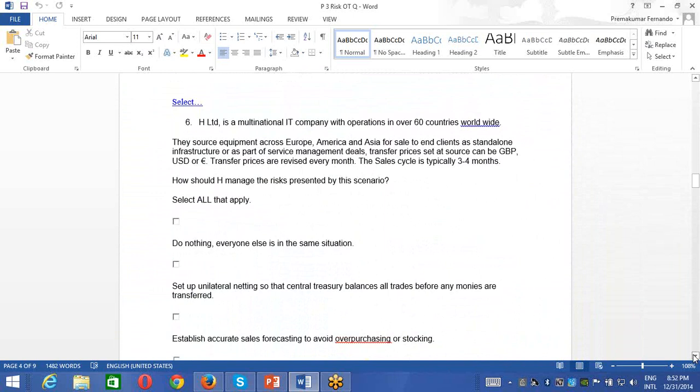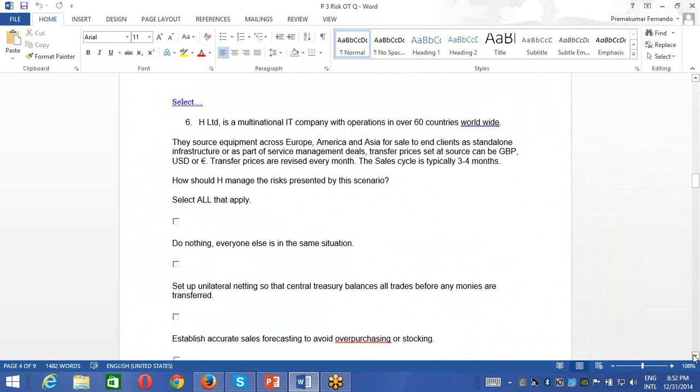So here they are sourcing equipment across the world and selling it to end clients. Since they are multinational, they can work on transfer pricing. How are they going to manage the risk presented by this scenario?